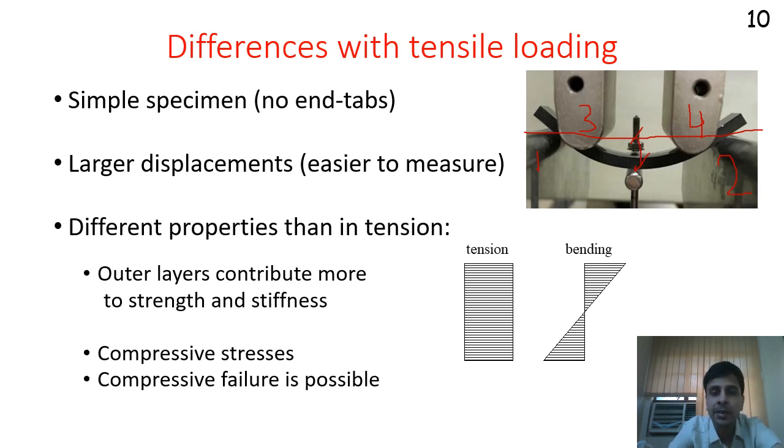The other change is that when I am applying tensile load, every layer is subjected to tension. But when I am applying bending load, I can have compressive stress at one outer surface and tension at the other surface. So it means that my material could actually fail due to compression or due to tension. So the mode of failure is sometimes not known a priori.